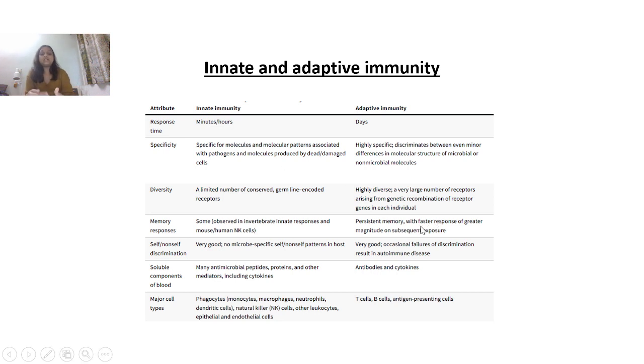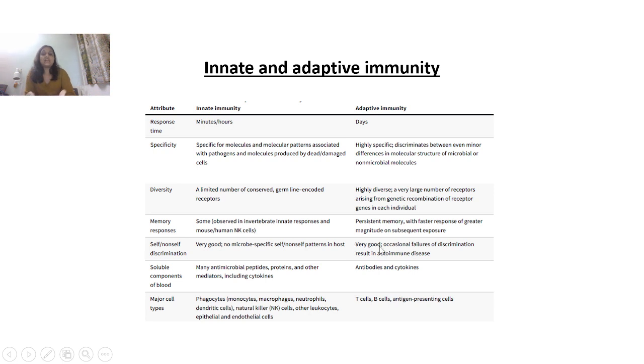So whenever there is a subsequent exposure to the same pathogen, our adaptive immune response will respond much faster compared to the previous exposure. Self and non-self discrimination is very good in innate immunity, and it is good in adaptive immunity too.